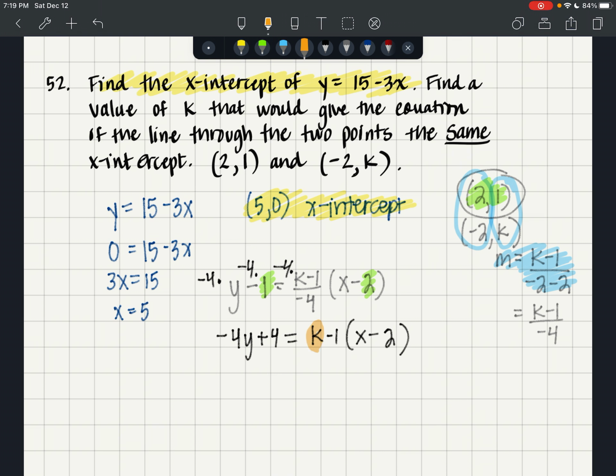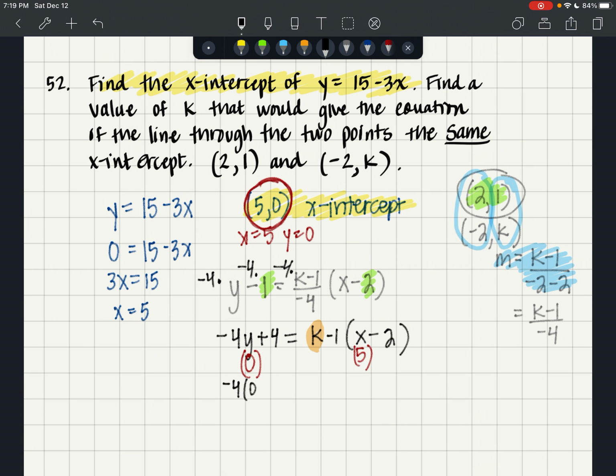Well, it looks like I've got 3 variables in there. Remember that we know another point. We know that x equals 5 and y equals 0. So I'm going to put a 0 in for y, and I'm going to put a 5 in for x.